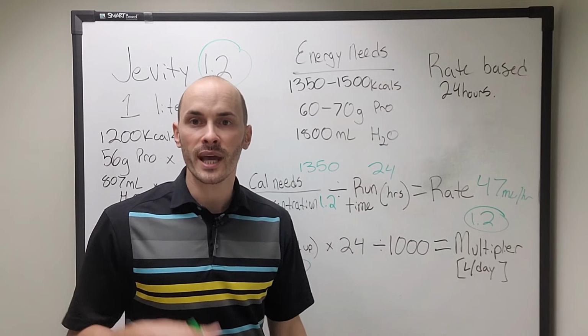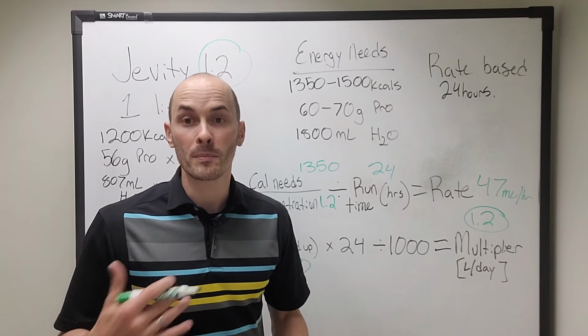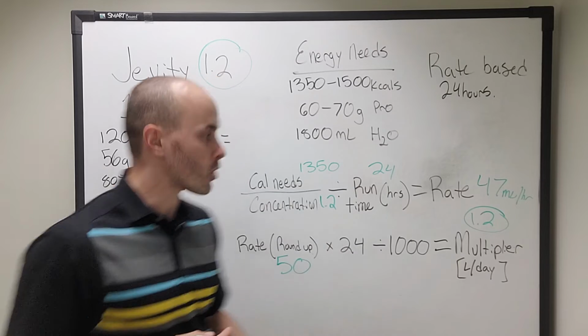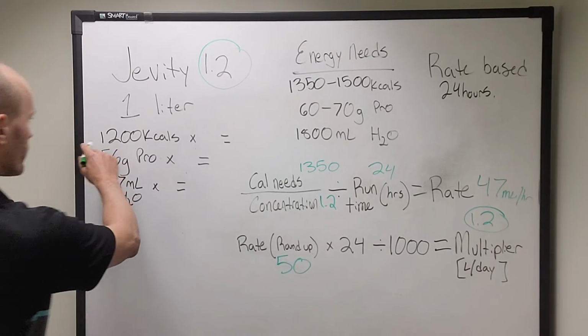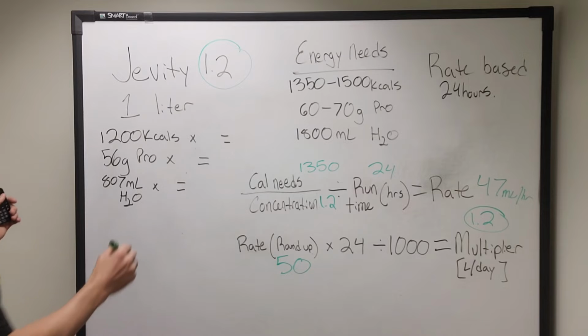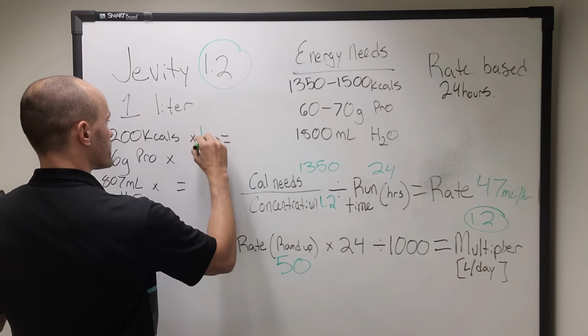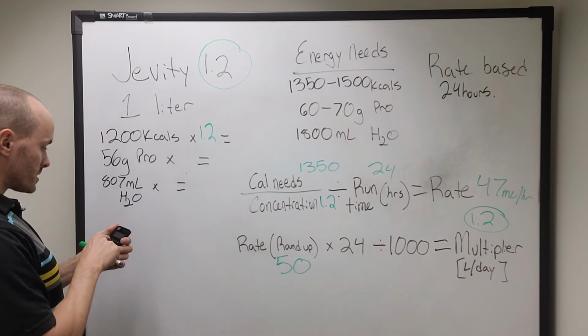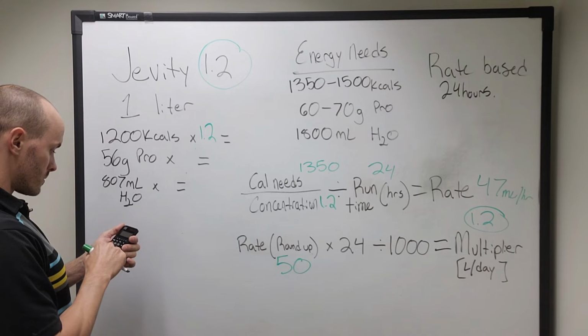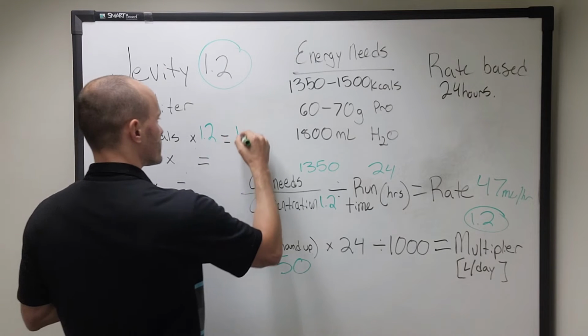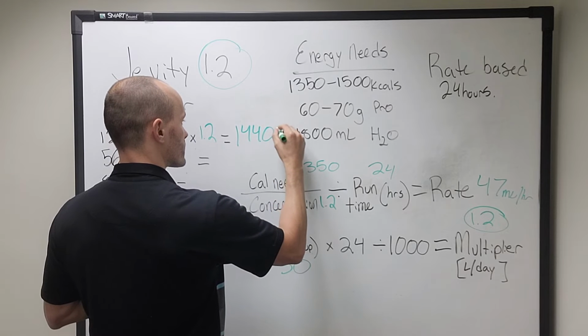So what we do is we take our multiplier and we plug it into our formulary. So 1,200 calories per liter at 1.2 liters per day is going to give us 1,440 calories.